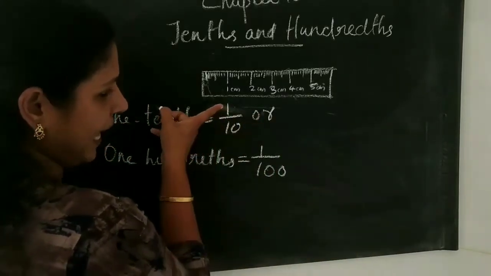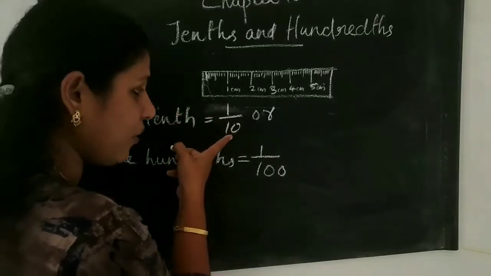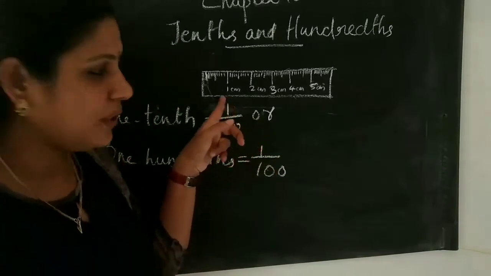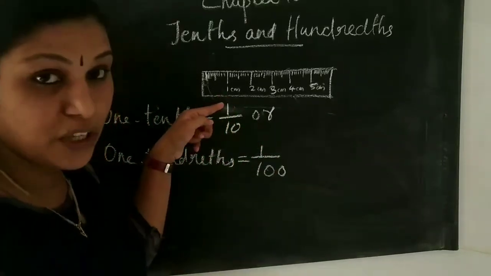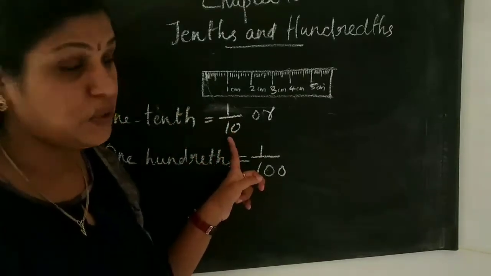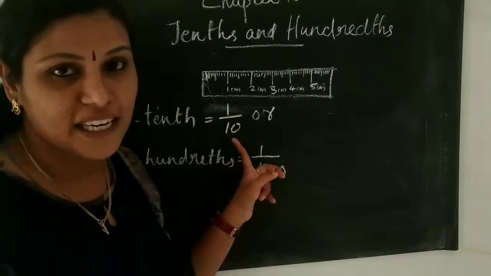It has a numerator and a denominator. Here the numerator is 1, and the denominator is 10. So this is a fraction form.